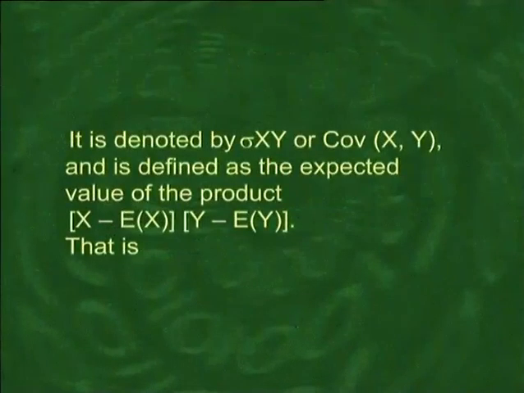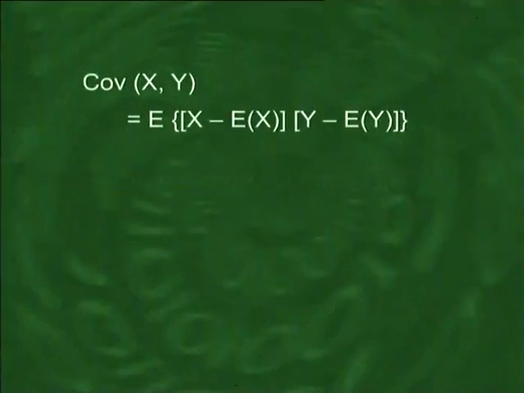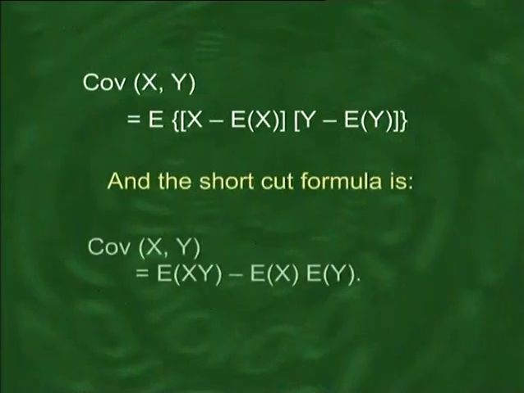It is denoted by sigma xy, and it is defined as the expected value of (x minus E of x) multiplied by (y minus E of y). The shortcut formula is covariance of xy is equal to E of xy minus E of x into E of y.